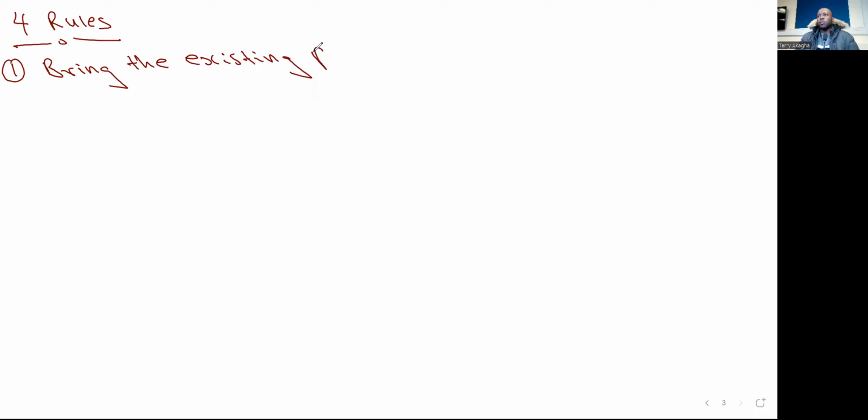All right, so let's get straight into this. How do you do this? There are 4 steps or 4 rules. Number 1, similarly to what we talked about in the simple bracket, you bring the existing power down and then use it to multiply.